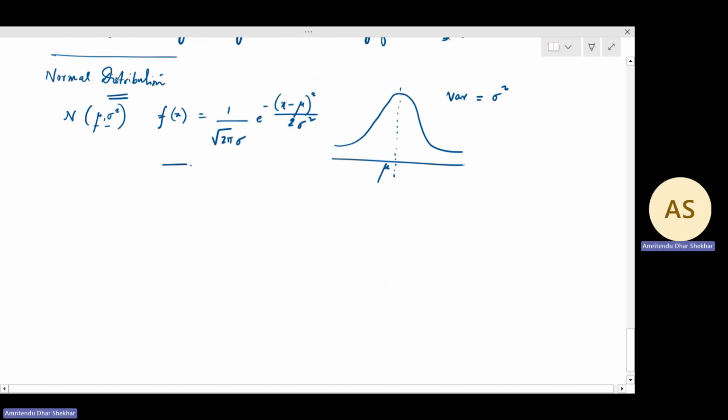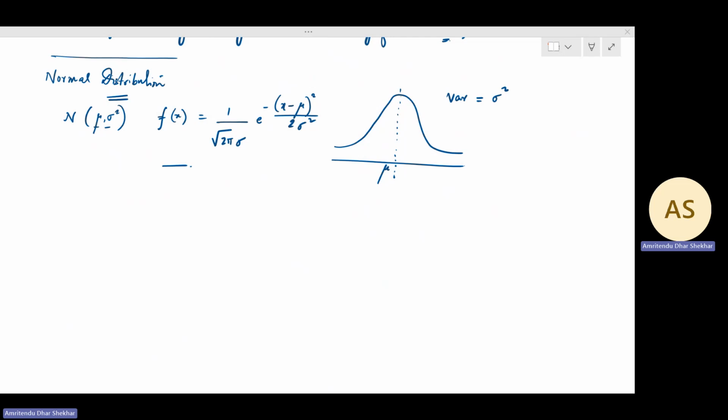Let's look at one problem which is related to the normal distribution.